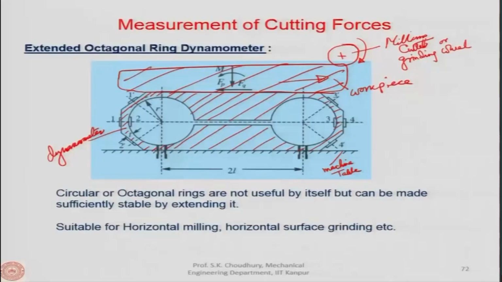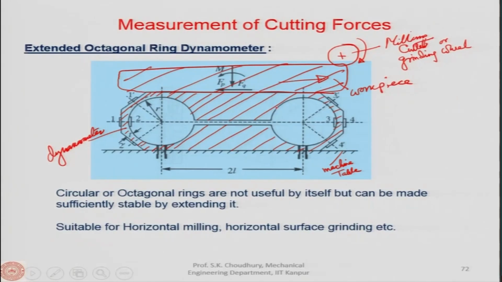So, the principles of the ring type dynamometer, which is not very comfortable to use for milling or grinding, or the octagonal ring type dynamometer, are used here, but in a better, developed way, so that the rigidity becomes more and the sensitivity of this dynamometer becomes more. They are very sensitive because of the structure itself.